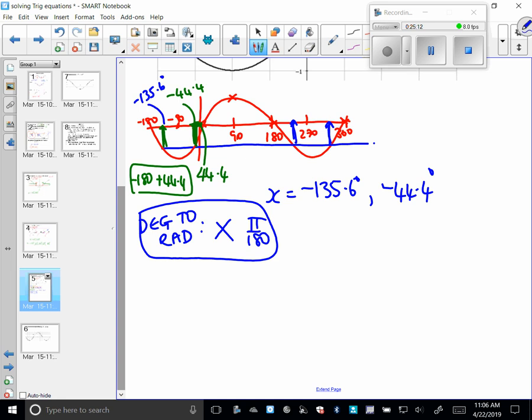And so you can literally stick it in your calculator: negative 135.6 multiplied by pi over 180. All of the ones we've done so far, most of them would have been with a calculator. So you had access to your calculator.